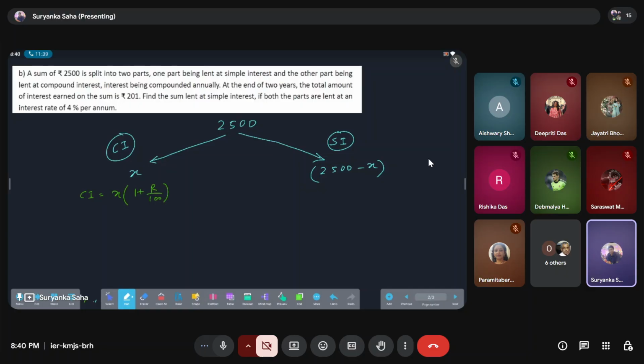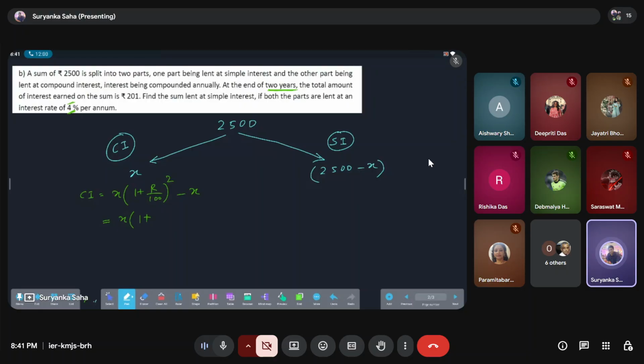So it is 2. And so this becomes only the amount. Now you have to subtract the principal, which is x. So this becomes the CI. Okay. So I will write x into 1 plus the rate of interest is 4%. You see 4% over here.